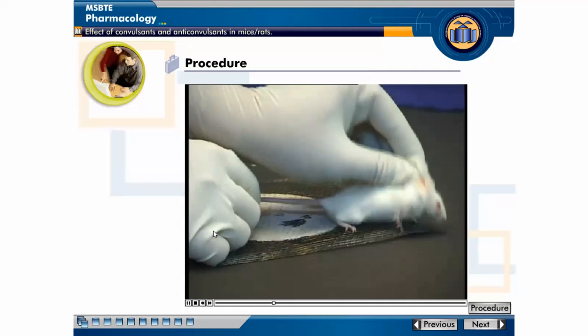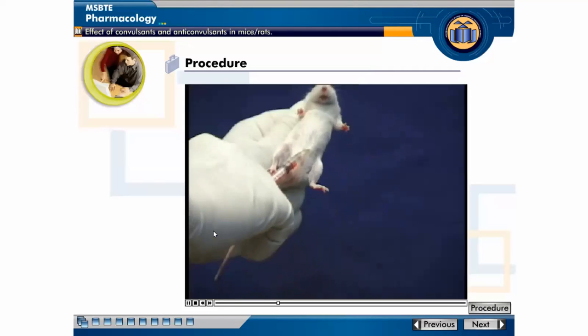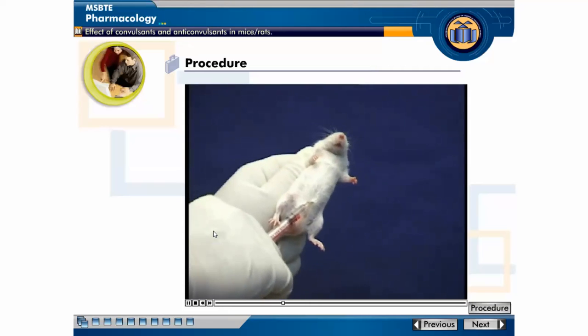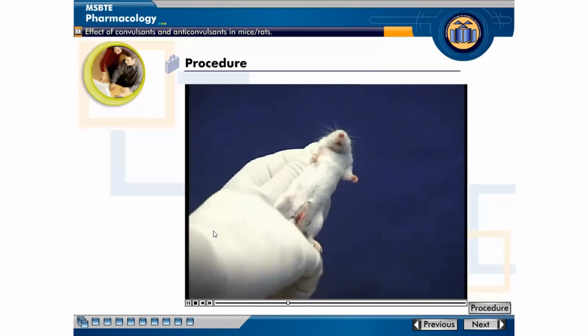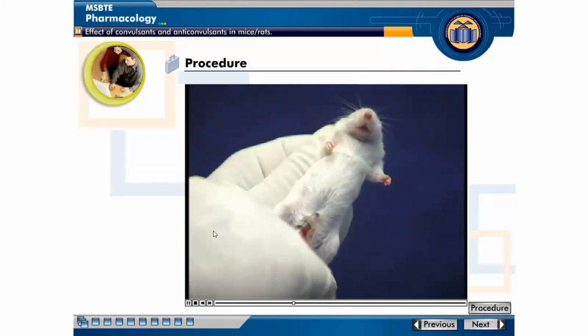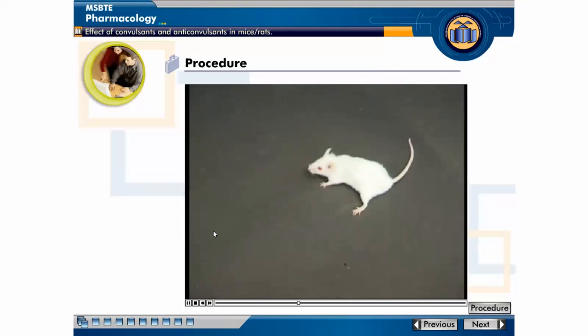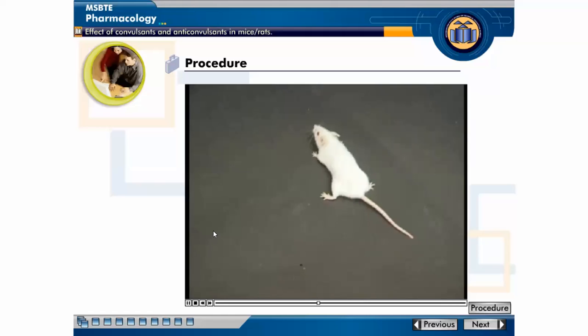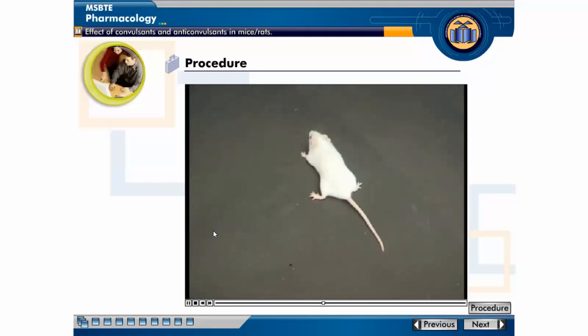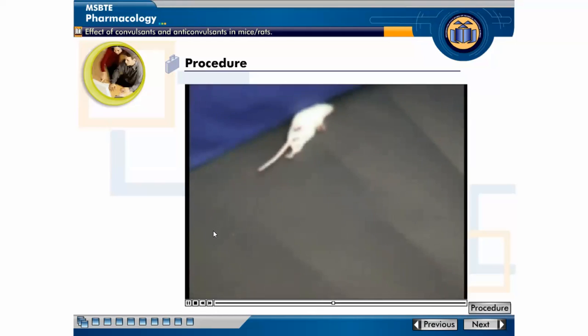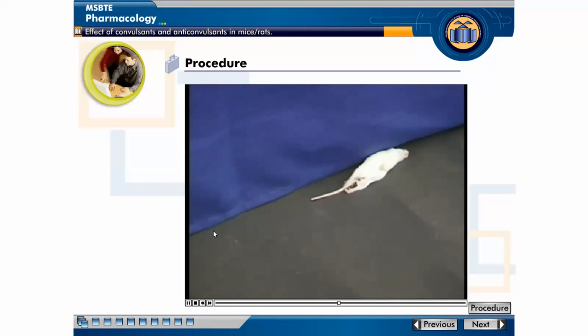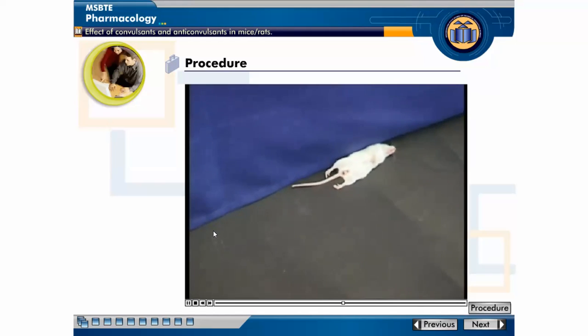Now inject 0.1 ml of stock solution of strychnine hydrochloride to mice A intraperitoneally. You can see that strychnine induces clonic convulsions characterized by Straub's tail, that is S-type erection of the tail, and jerky movements of the whole body. This clonic convulsion finally leads to the death of mice A.